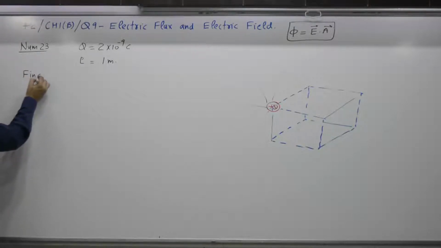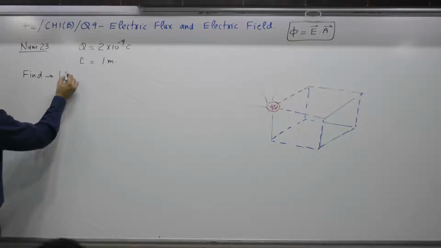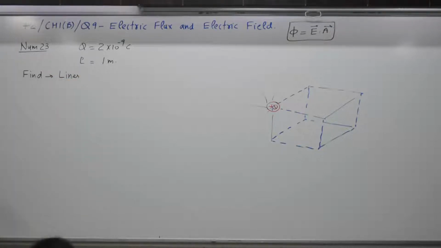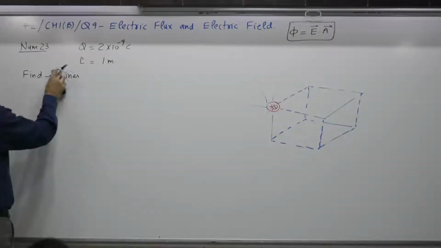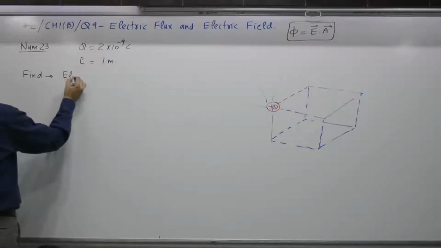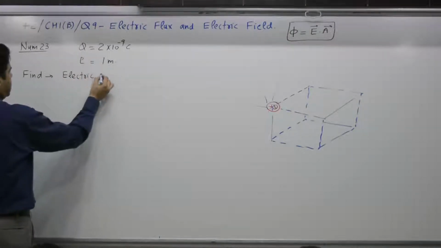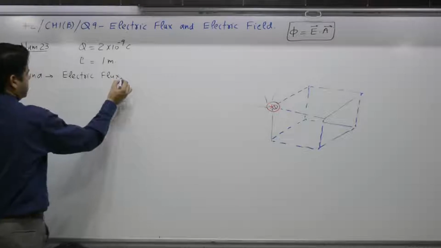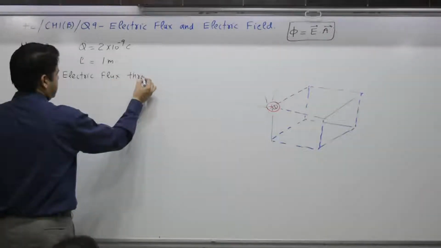Electric flux or lines, what is the term? The exact word used here is flux. Same number of lines, but in the question it is given: find electric flux through the cube.